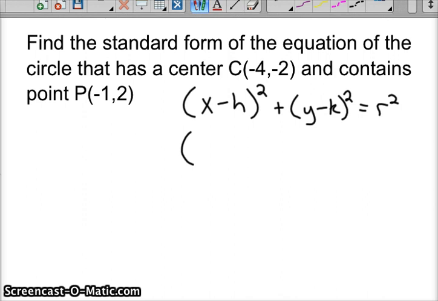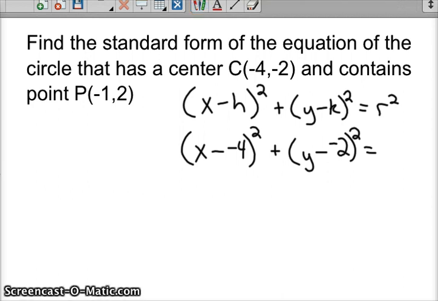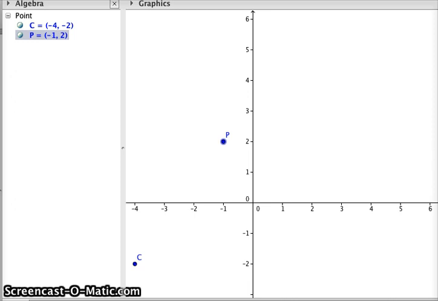So we'll plug that in. We'd have (x minus -4) squared plus (y minus -2) squared equals, and now we need an r squared for the radius. Well, that's the distance between the two points. I do have the two points plotted here in GeoGebra, so you can see that.